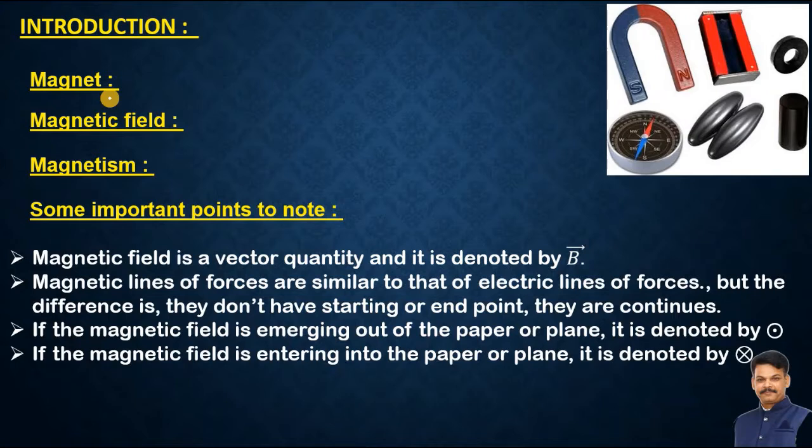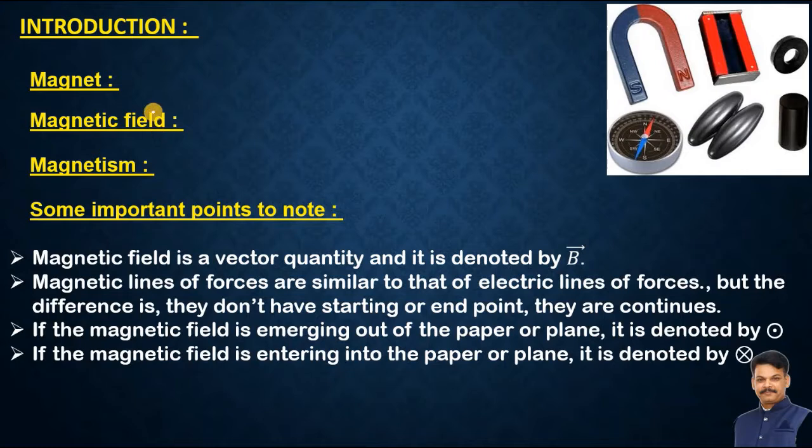In our daily life, we find so many areas where different types of magnets are used for different works or activities. Hence, here we have to understand what actually a magnet is and what its basic property is.